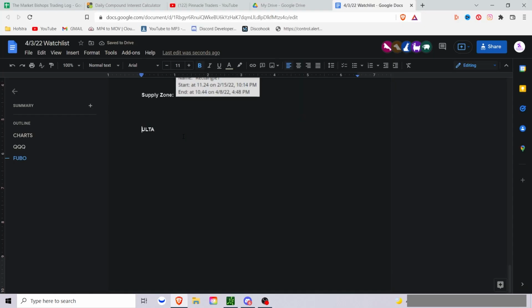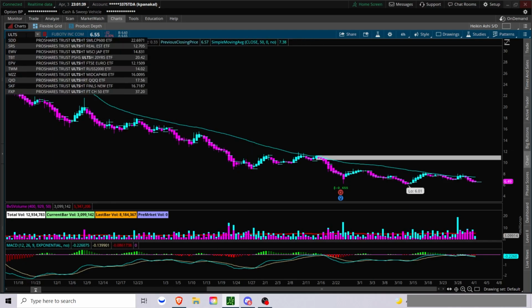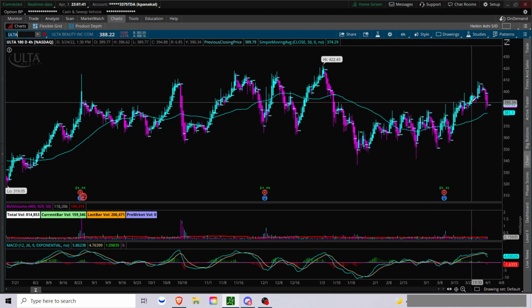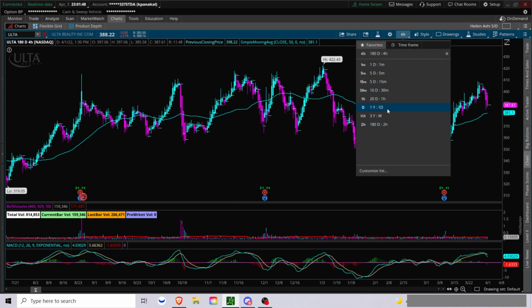I might as well just take this onto another page. Alright, so ULTA, let's see. What the heck? This is the most in-range trading I've ever seen for a stock.